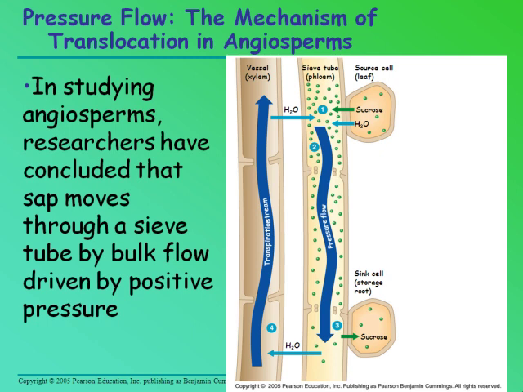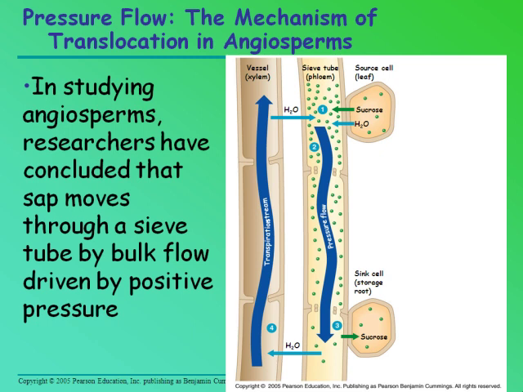From the source to the sink, loading of sugar into the sieve tubes reduces the water potential inside the sieve tubes. This causes the tube to take up water by osmosis from the xylem, so water flows in.